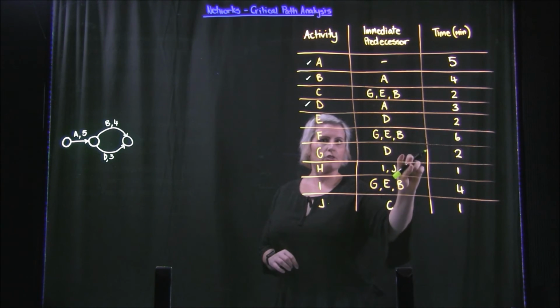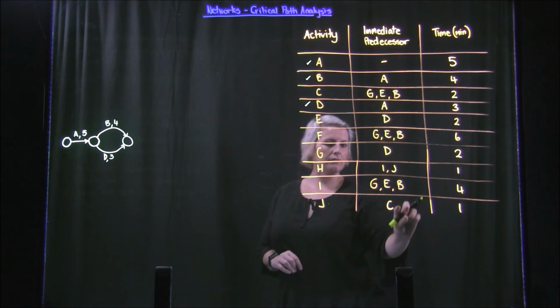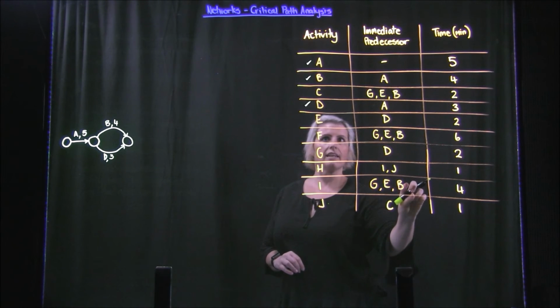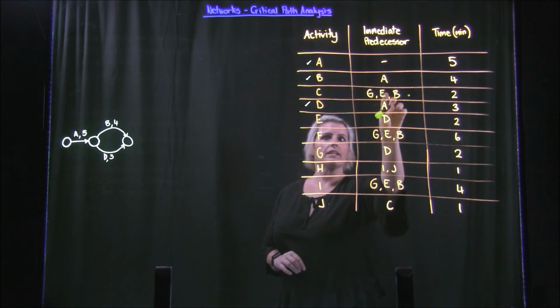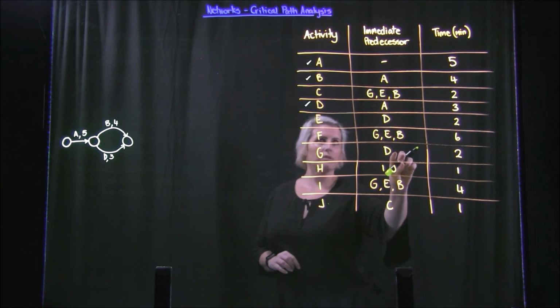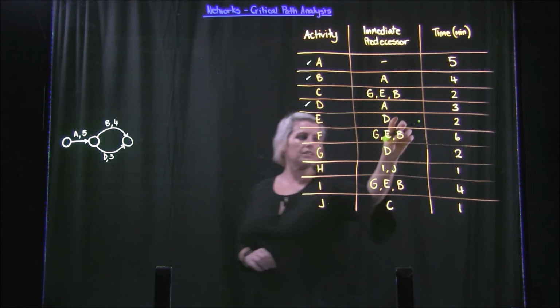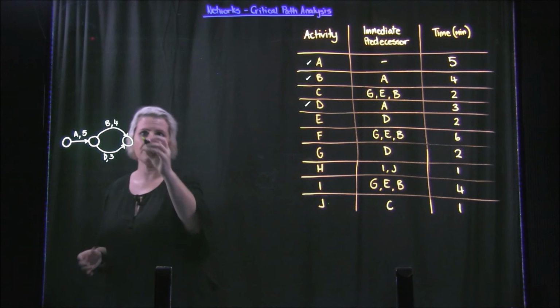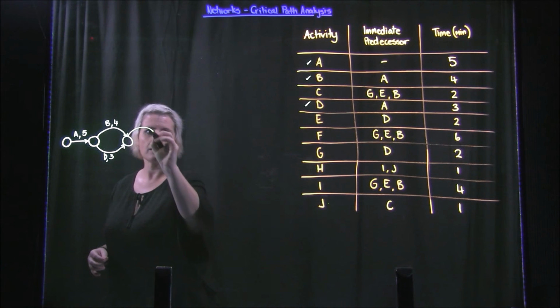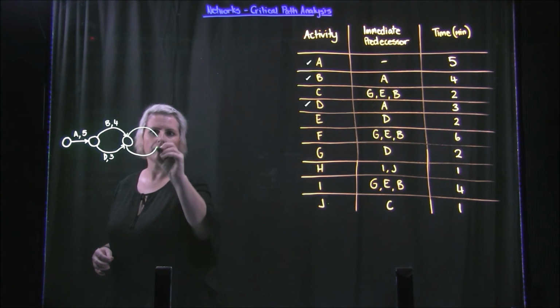That means these two, E and G, can happen. We haven't done C yet because it still needs E and G to happen. Now that D is done, we can do E and G. Again, they could be simultaneous. They can happen at the same time.